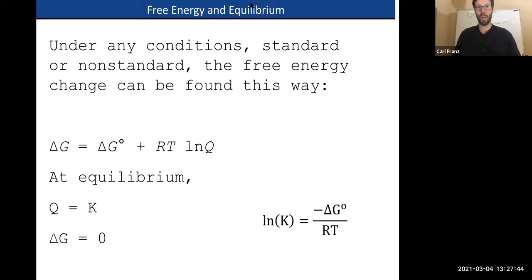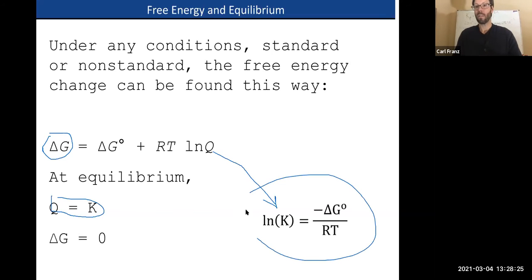If K and Q are equal, then I'm just going to put K in here instead of Q. And if delta G is 0, because it's at equilibrium, we can say that 0 equals standard free energy plus RT natural log K. And so if you want to find K, you can then rearrange that equation to get this.